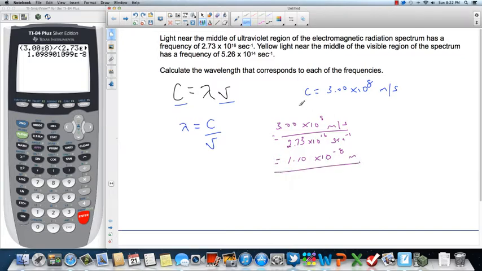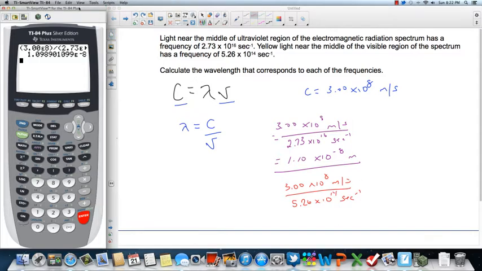Okay, it's pretty straightforward. For the yellow region, I'm not going to use yellow because it's a little hard to see, but we have this frequency corresponding to yellow. The wavelength equals 3.00 times 10 to the 8th meters per second divided by 5.26 times 10 to the 14th inverse seconds.